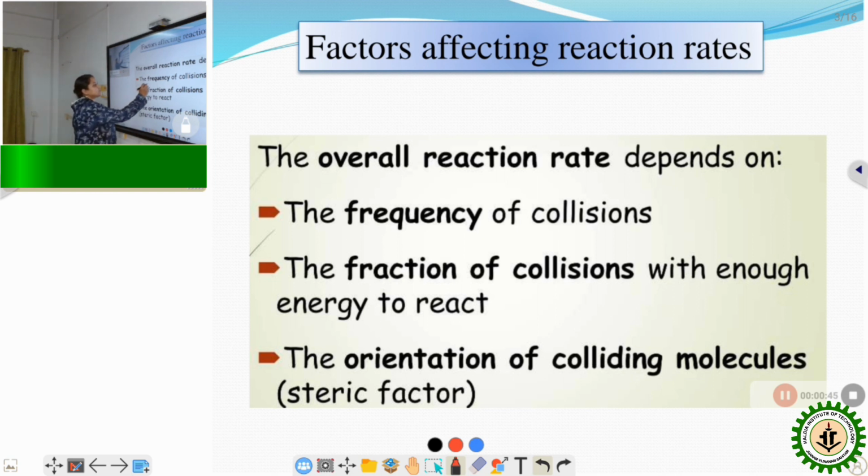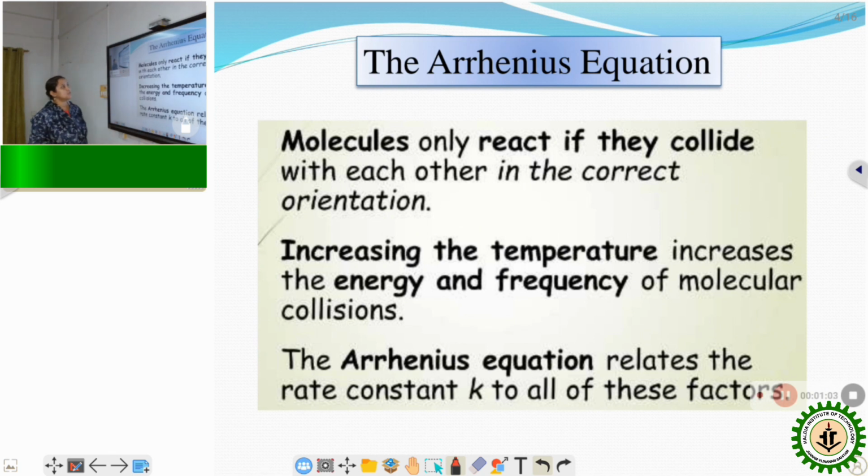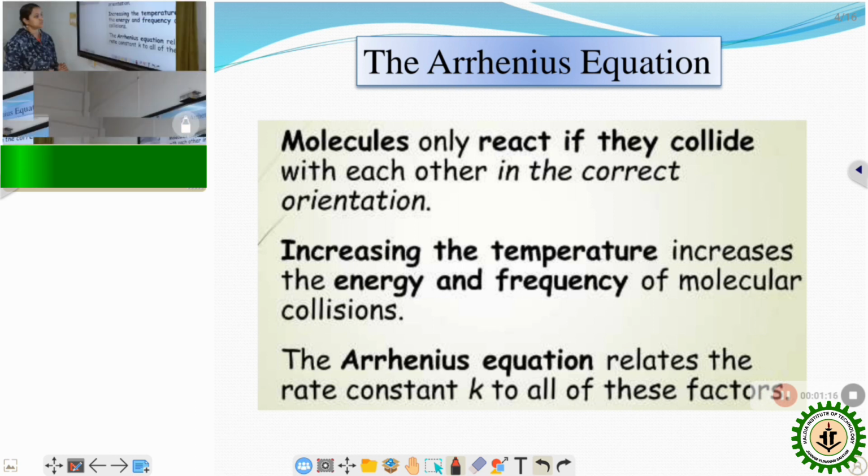So the factors are the frequency of collision between the reactant molecules, the fraction of the collisions which is enough to give the energy to the molecules to give the final reaction product, and the orientation of the different molecules. These are different types of factors, along with the temperature, which are important to increase the energy of the reaction to give the final product from the reactant molecules.